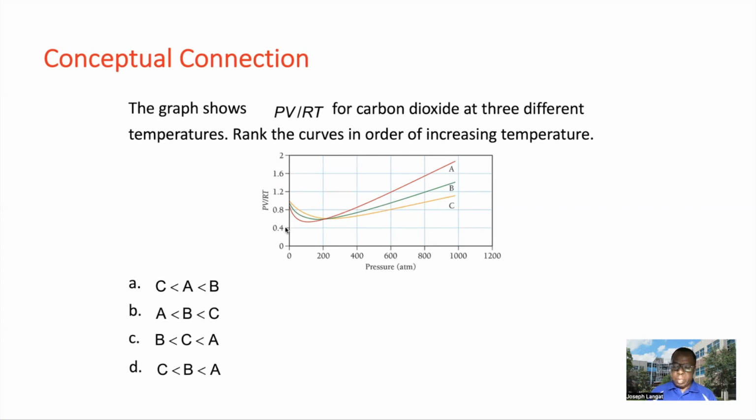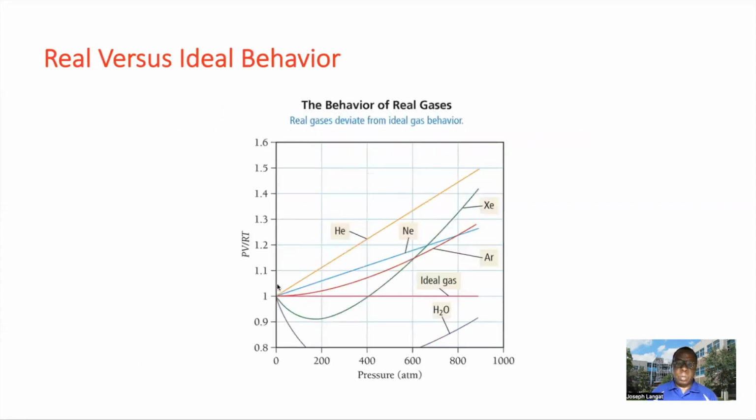PV over nRT, let's go back to this. You see this ratio? For an ideal gas, PV over nRT should be 1. You see it's constant, but they keep on deviating from 1.